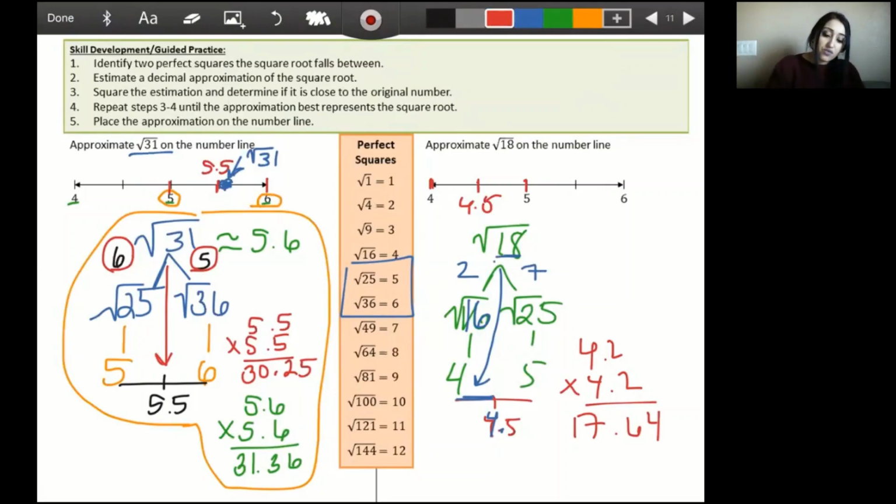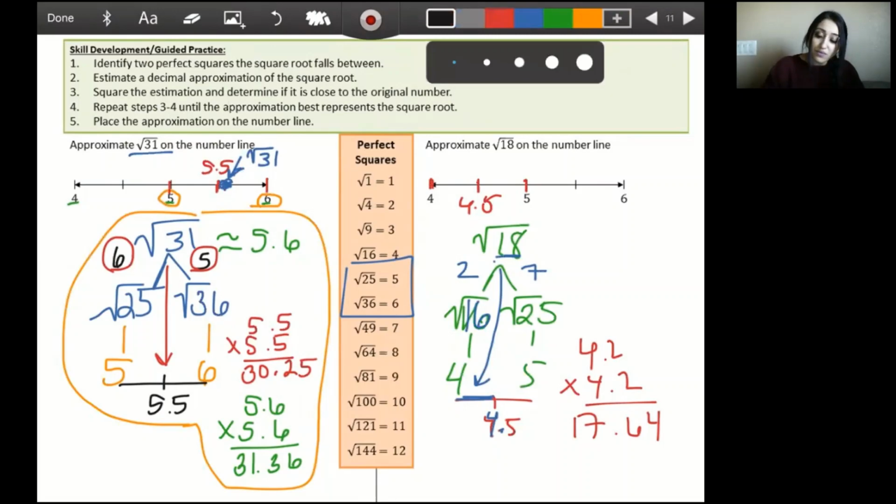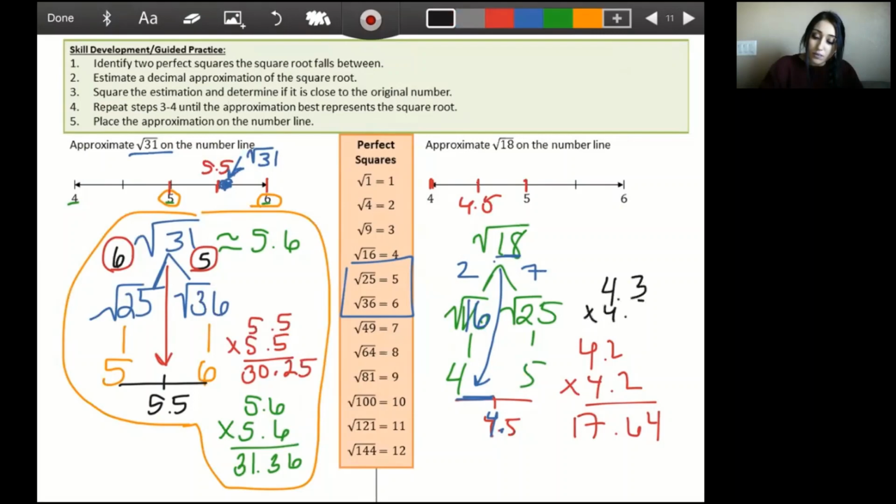So now I'm going to try 4.3 times 4.3. And that leaves me with 18.49. Okay, that's pretty close, ladies and gentlemen. So the approximation of the square root of 18 would be about 4.3 or 4.2. In this case, I'm going to go ahead and say it's about 4.3.